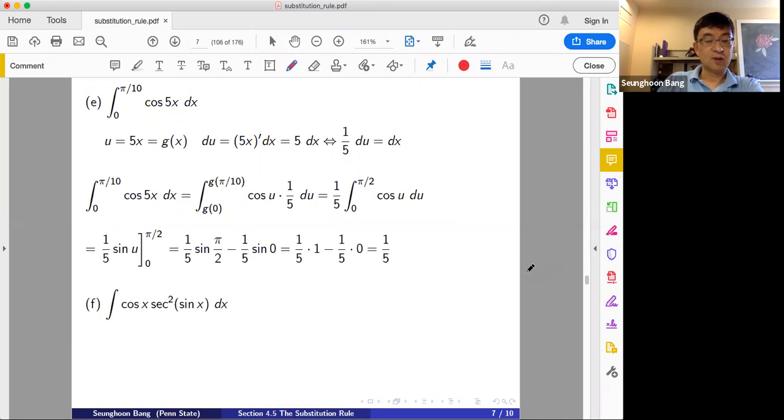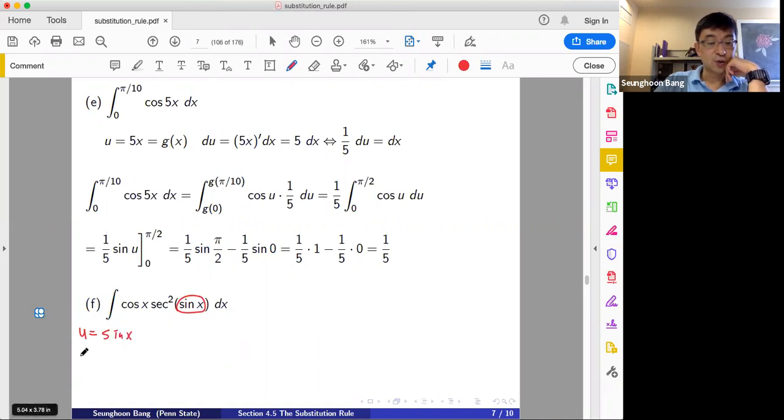The next one here, the same. We don't have an anti-differentiation formula, so you can use u substitution. What is u? What do you think? Yes, the inner function, sine of x, is u.